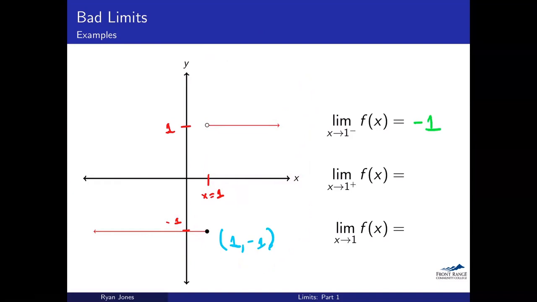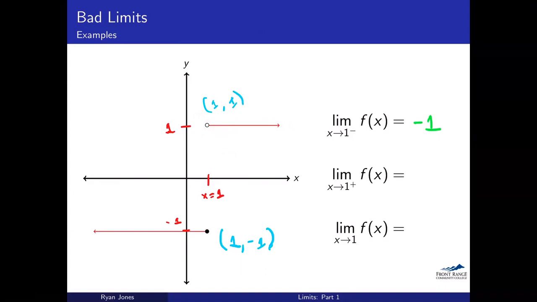As I approach from the right-hand side of 1, I have to trace along the function here because this is to the right of x equals 1. And as I approach that, my y value actually approaches 1 right here. Now, let me be very clear. The function is not defined up here.